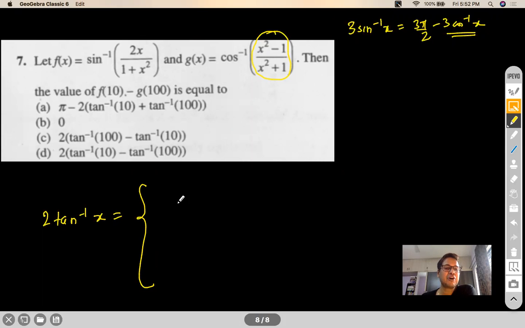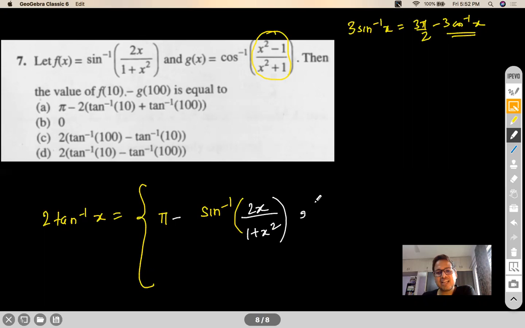Correct me if I'm wrong, the formula that will be valid will be pi minus sine inverse of 2x by 1 plus x square, because this formula is valid for x greater than or equal to 1. Am I right? And my x is 10. Since my x is 10, that is why I am referring to this formula.